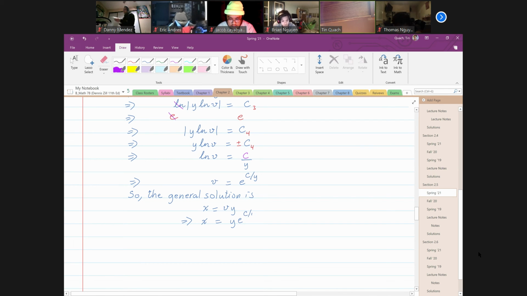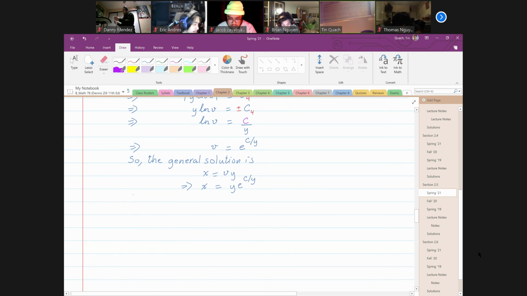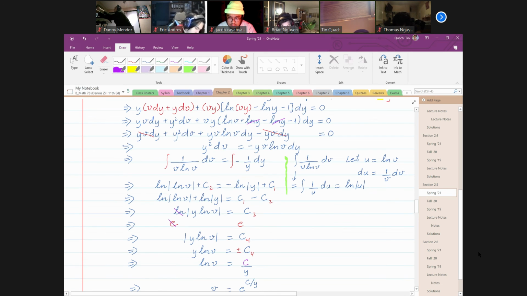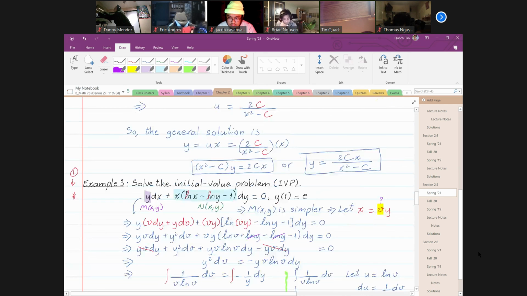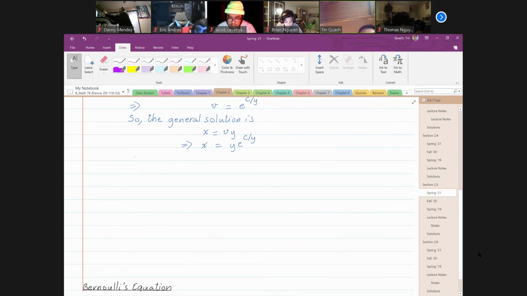Okay, so now the initial condition is y of 1 equals e. Y of 1 equals e implies when x is 1, y is e.